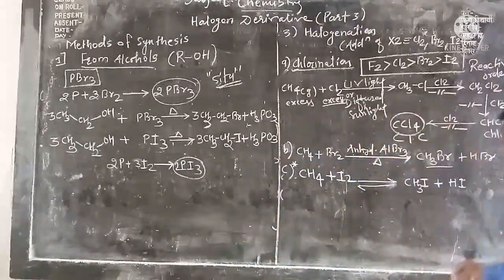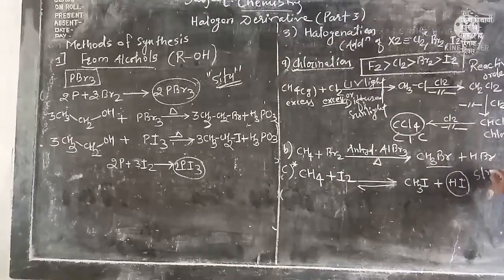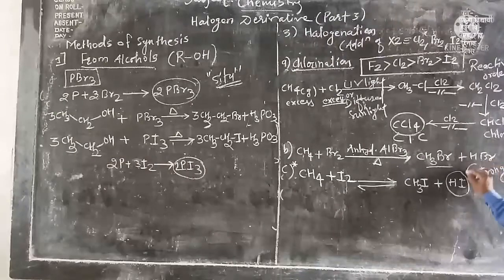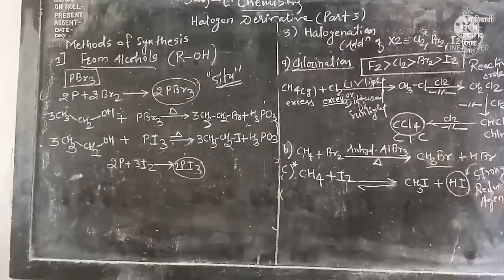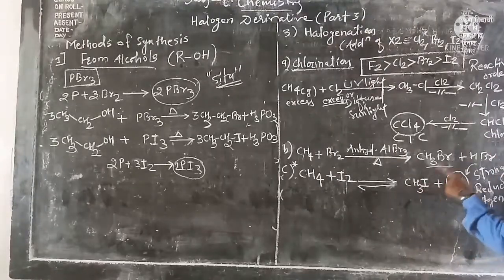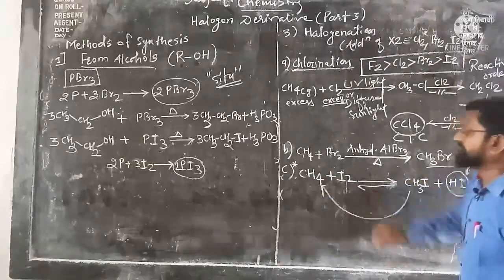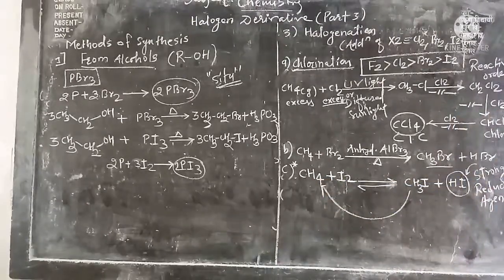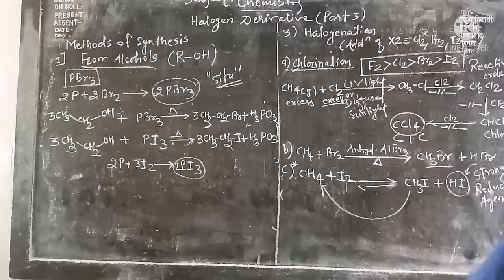Now this HI is a very, very strong reducing agent. And being a strong reducing agent, this HI reduces methyl iodide back to alkane. Therefore this reaction is not single directional, rather it is a reversible reaction.